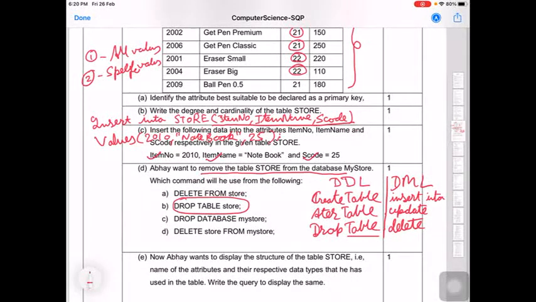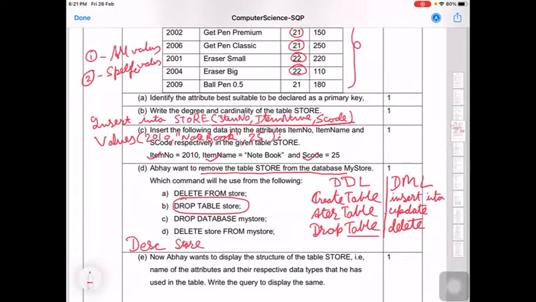Okay, so you must know each and every keyword and phrase that you are going to use in SQL. So you want to display the structure, that means you want to describe the structure. For it we have the describe command, or in short it can be written as DESC. So we write DESC and the name of the table.